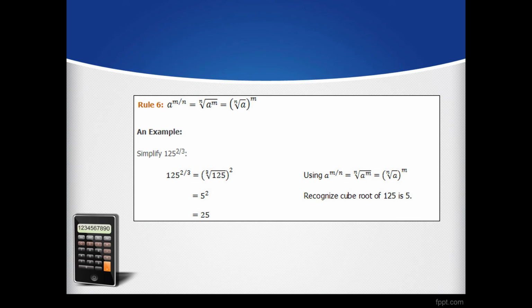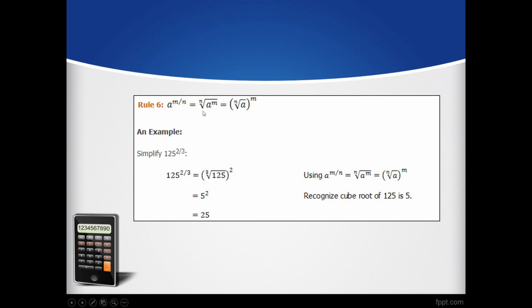So for example, simplify 125 raised to 2/3. If you are to rewrite that based on the rule, you can say that it is equal to the third root. N is 3 here.